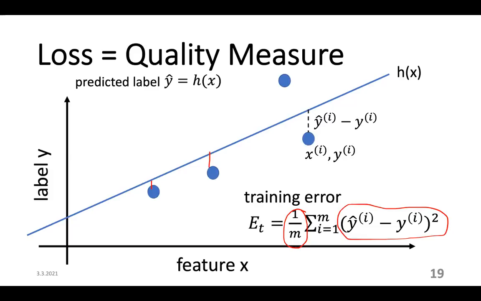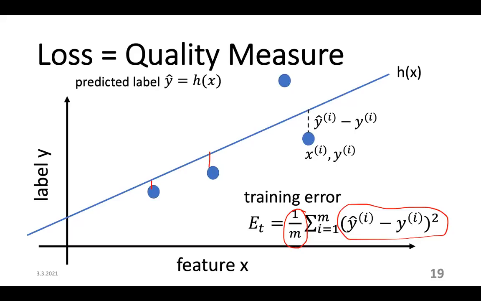Okay, then another question: could you suggest some loss functions that are most suitable for the classification problem? Yes, you have heard in the recent lectures different loss functions for classification problems, and also in the book you can read in chapter 2 and chapter 3, for example, logistic loss is a good choice for classification problems. Then the hinge loss, which is used in SVM methods, is a good choice, or the 0-1 loss. The 0-1 loss is 0 if the predicted label is exactly the true label, so a correct prediction, or the loss is equal to 1 if the predicted label is different from the true label.